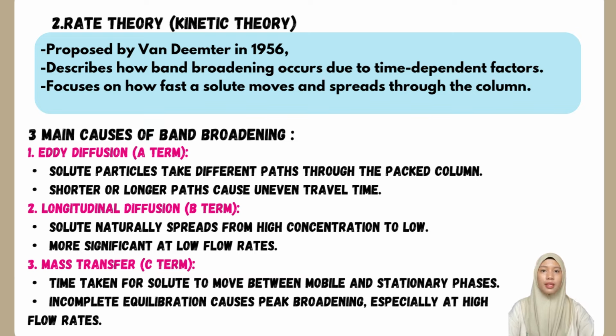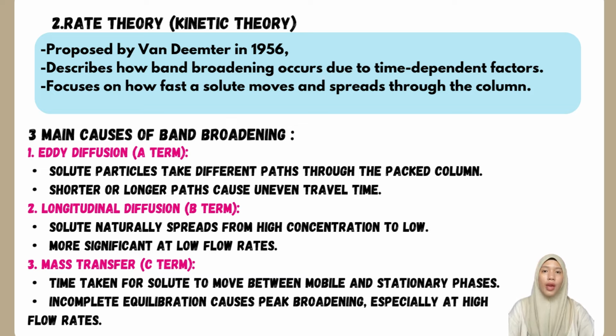In simpler terms, it looks at how the solute spreads out as it moves through the column and why that happens. Rate theory focuses on the speed of the solute and how it interacts with the column during the separation process. There are three main causes of band broadening in this theory.